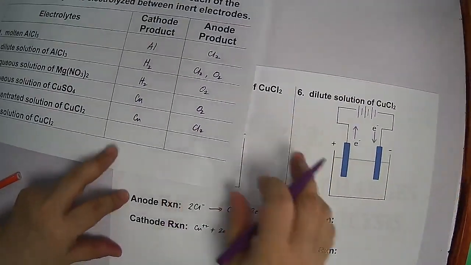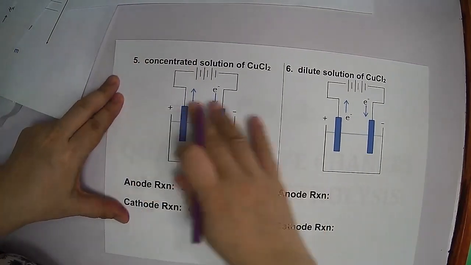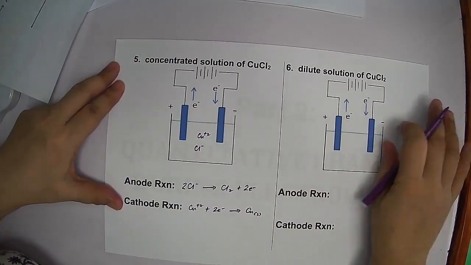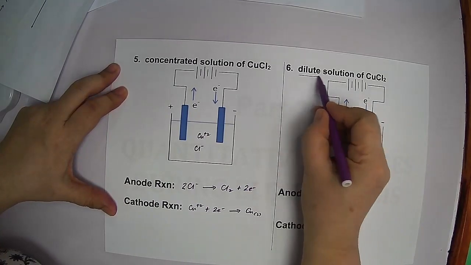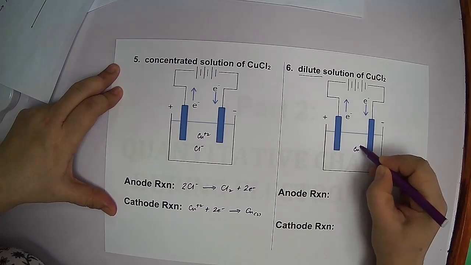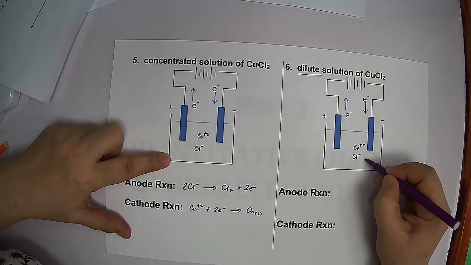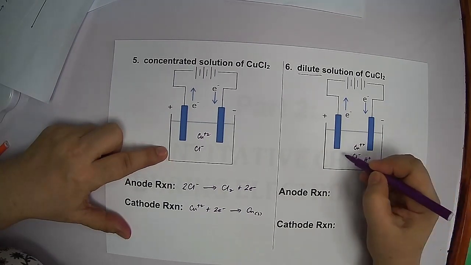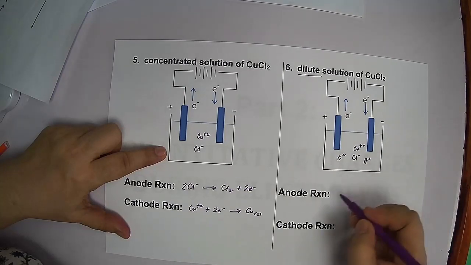Lastly, we have dilute solution of cupric chloride. Let's have the comparison with the product. The word dilute means there is presence of water. So you have the copper ion positive 2 and the chloride ion as well. However, there would be hydrogen ion and the negative 2 ion of oxygen from water.